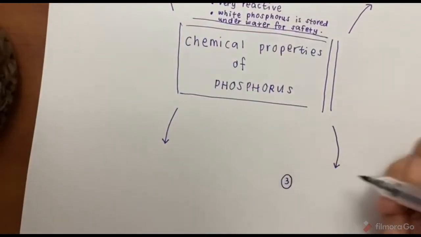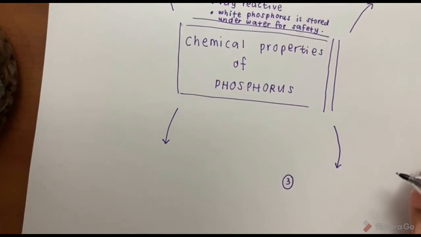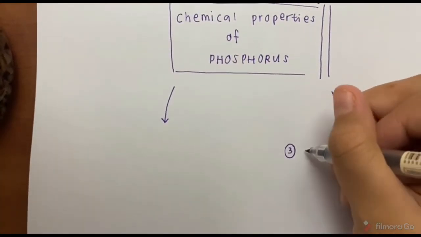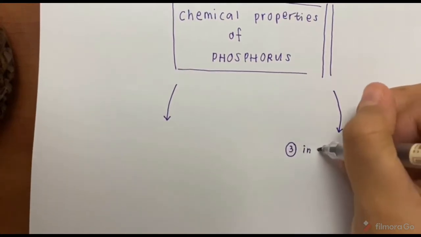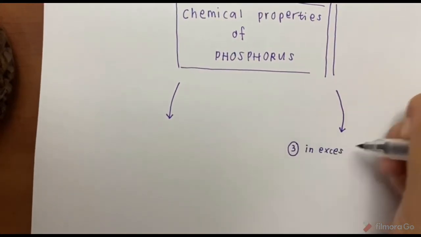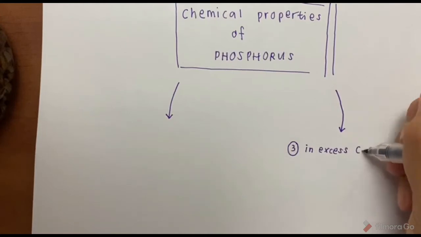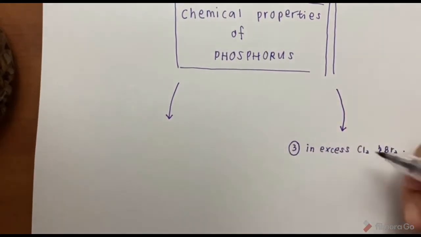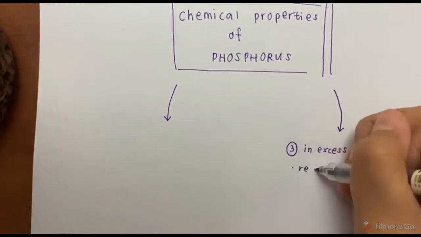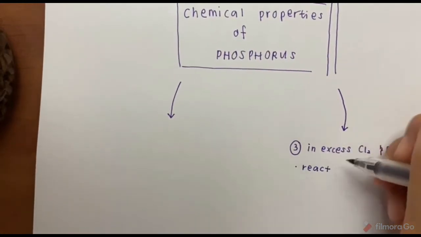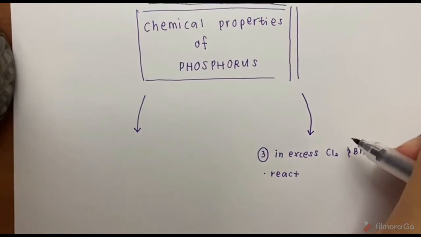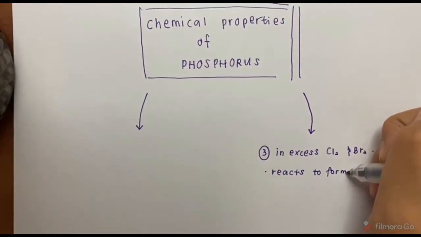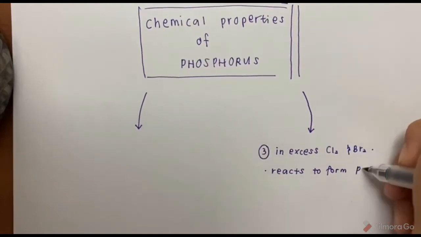Moving on to the third part of chemical properties of phosphorus. For the third part, phosphorus will react with excess chlorine and bromine, which react to form phosphorus pentachloride or pentabromide, PCl5 or PBr5.